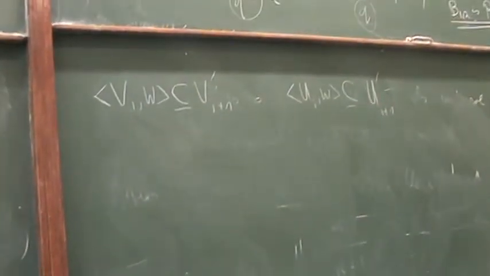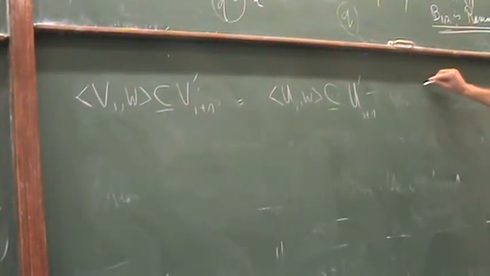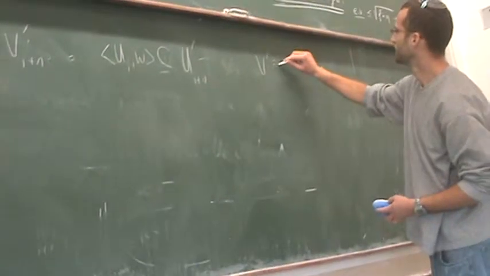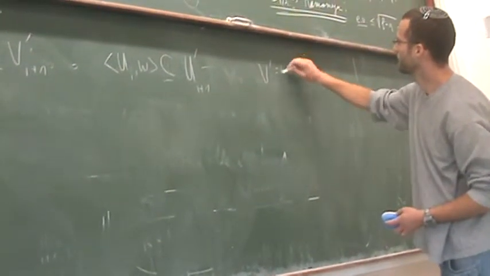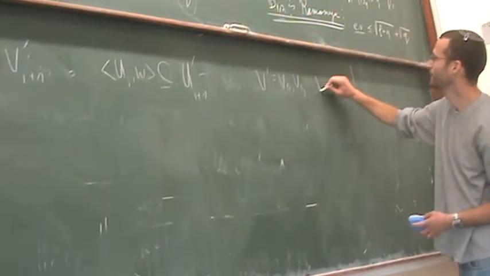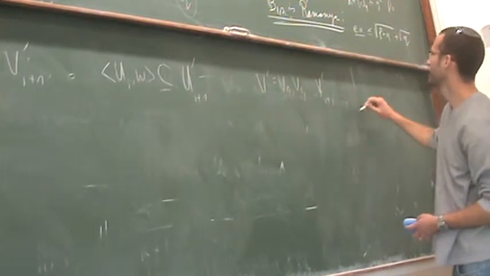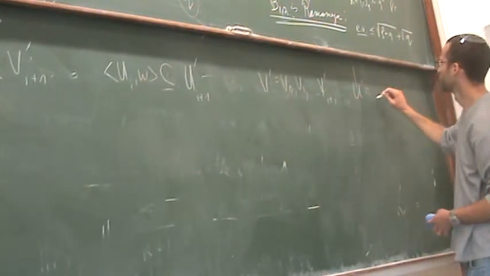These are the new ones. And then V prime is just V_0, V_1, up to V_{i+1} prime, and the rest of them remain unchanged, and U prime is the same.